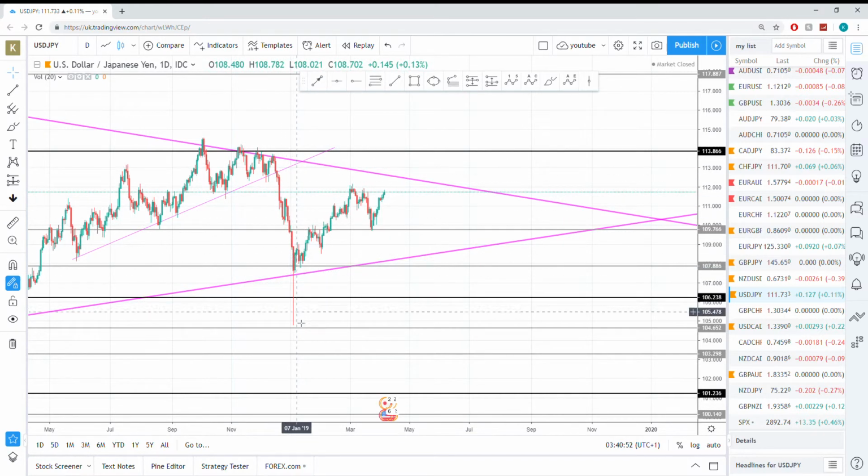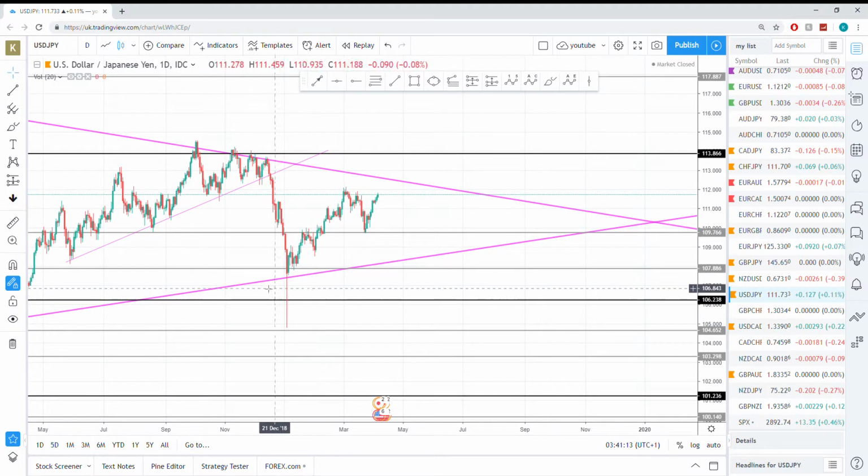As we can see, it came all the way down here. Wow, it did 280, near 300 pips past, but it had a lot of buying sensitivity afterwards when it reached this zone. So we could say that this zone is very respectable each way.